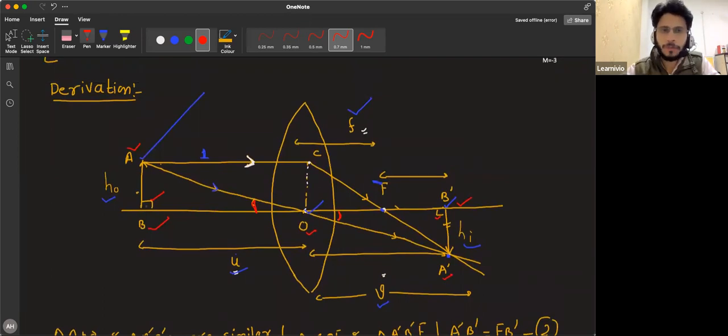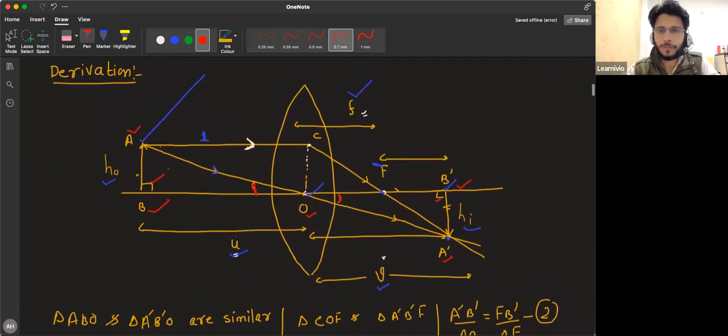If you have similar triangles, then you can take the ratio of sides. You can say A prime B prime by AB will be equal to OB prime by, which side is corresponding to OB prime in the first triangle?